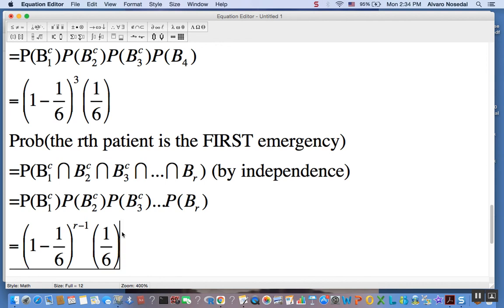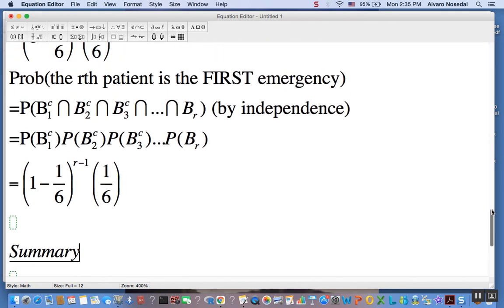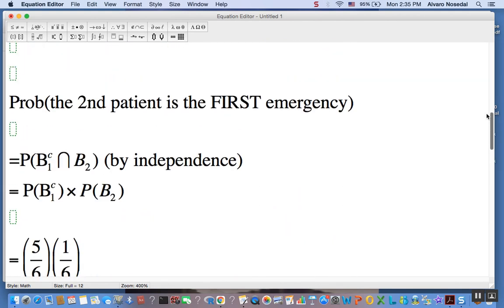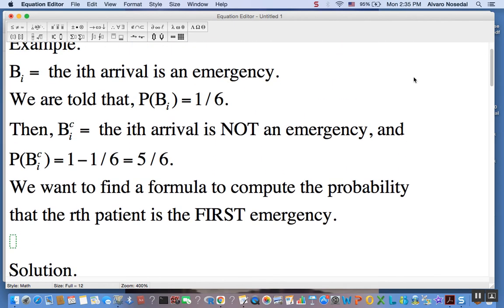Make sense? Okay, so let's just summarize what we did here. We were interested in this event, that the rth patient is the first emergency case.